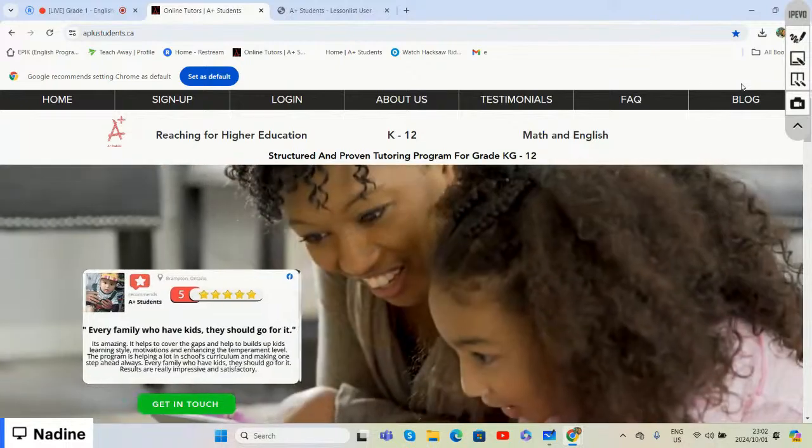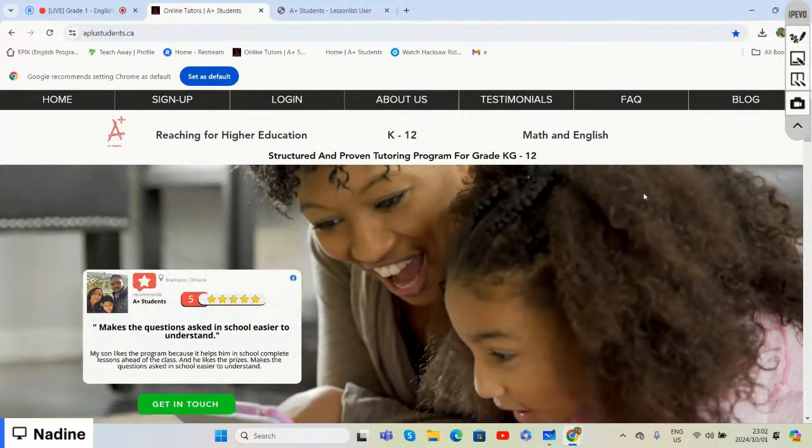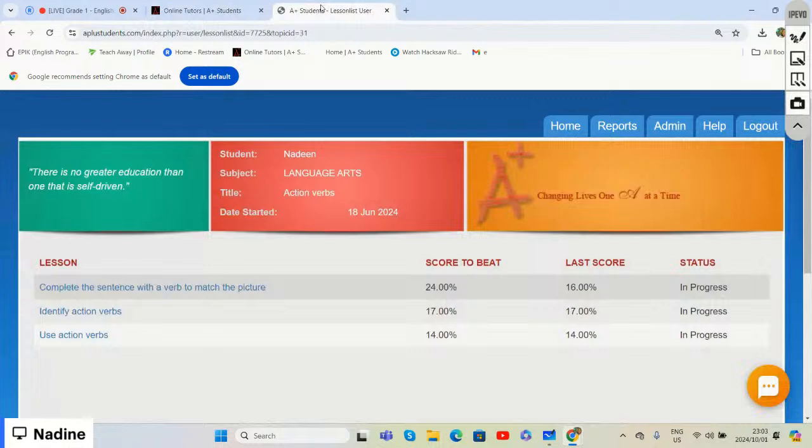We're doing grade 1. And then we're going to scroll down until we get to our chapter of action verbs.